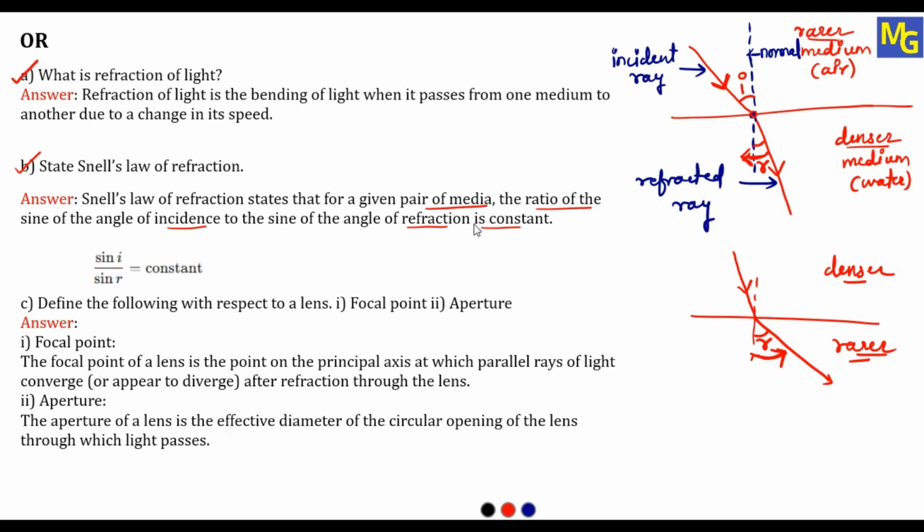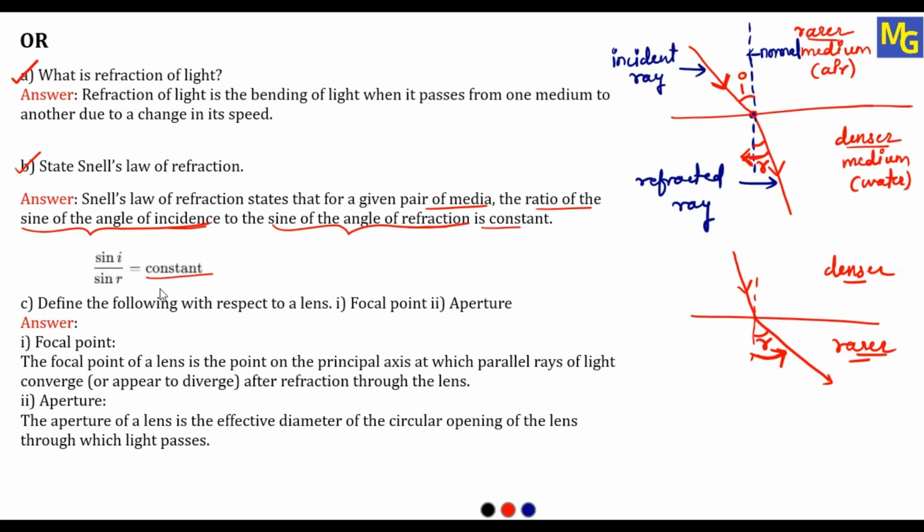So what does Snell's law say? The ratio of the sine of angle of incidence to the sine of angle of refraction. How can it be written? You can see here sine i, that is the sine of angle of incidence, and sine r, which is the sine of angle of refraction. We have to take the ratio. So sine i divided by sine r, and this value will always be constant.